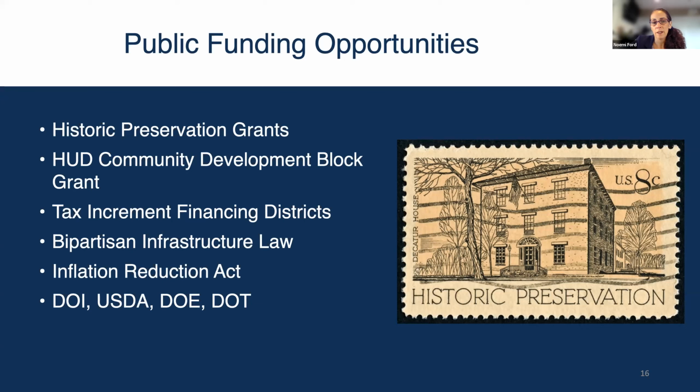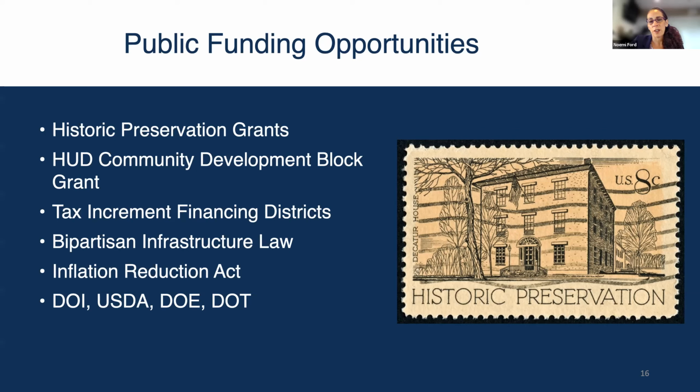That is the only federal funding that can be used as a match against US EPA grants. You can also look into tax increment financing districts. Of course, I'm sure you've all heard of the Bipartisan Infrastructure Law, which has put in a ton of infusion of resources from several federal agencies to assist with brownfields, and the Inflation Reduction Act.